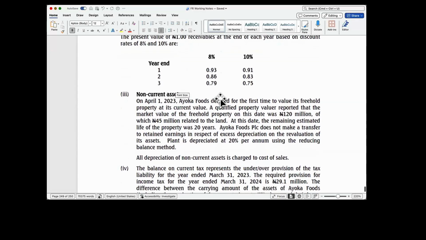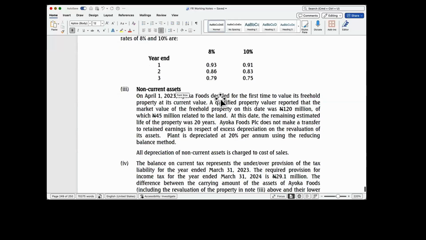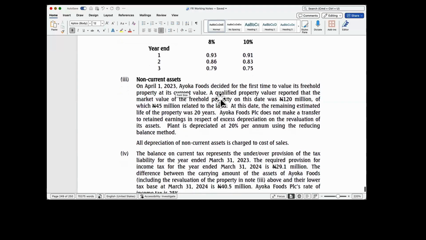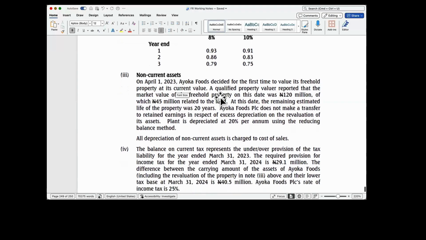At this date, the remaining estimated life of the property was 20 years. Ayoka Foods PLC does not make a transfer to retained earnings in respect of excess depreciation on the revaluation of its asset. Plant is depreciated at 20% per annum using reducing balance method. All depreciation of non-current asset is charged to cost of sales.